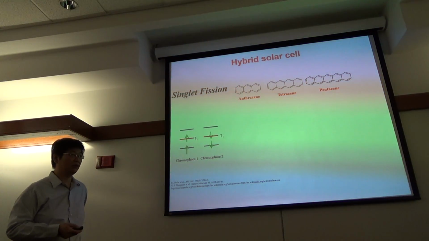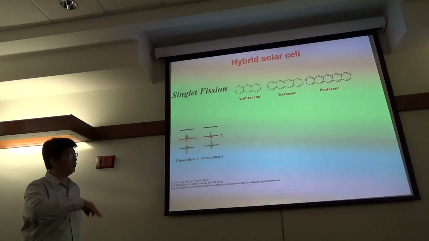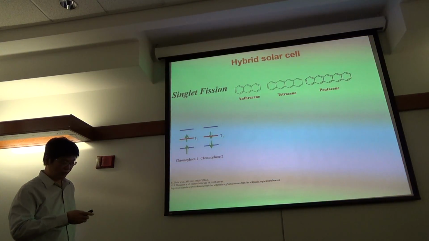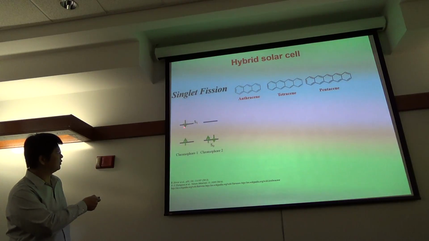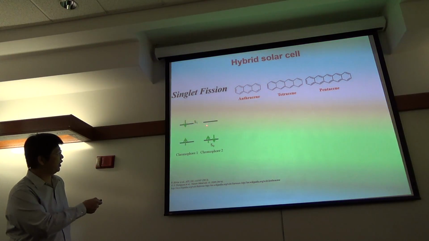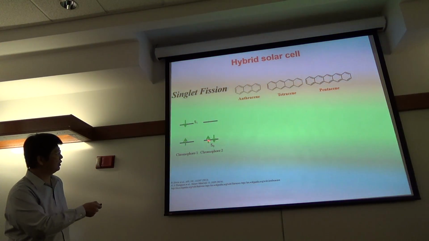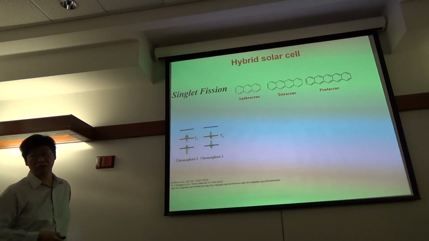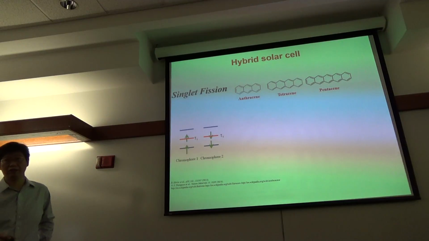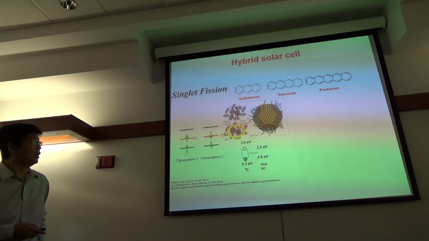If this organic material has a very low triplet energy, it is possible for one singlet exciton to share the energy with the neighboring molecule. So they will have two triplet excitons. So it's kind of multi-exciton generation.